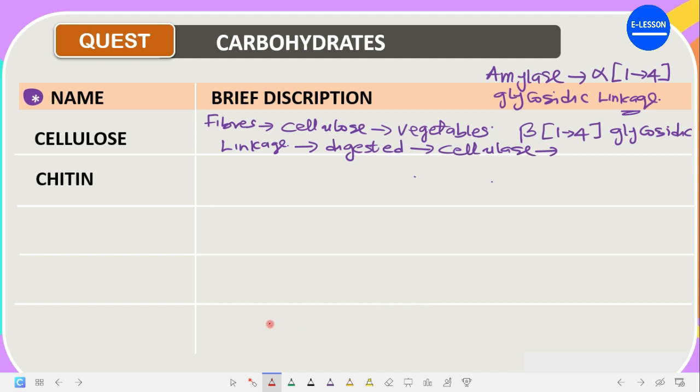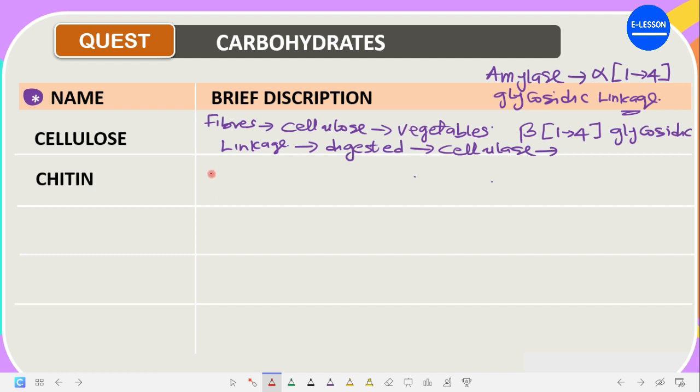It is found in the exoskeleton of most invertebrates like insects and crustaceans. The exoskeleton is the skeleton outside. They may ask you, the skeleton of crustaceans and insects consists of what?